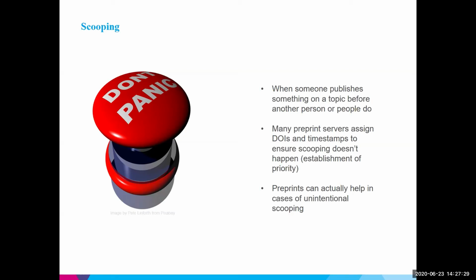Or if the publication does go through this long process, there's a larger gap between the first and the second studies. So it becomes less clear what that second group did, what the achievements are, because there's a long gap between the first and second study coming out. So in this case, preprints can actually help in the case of scooping.